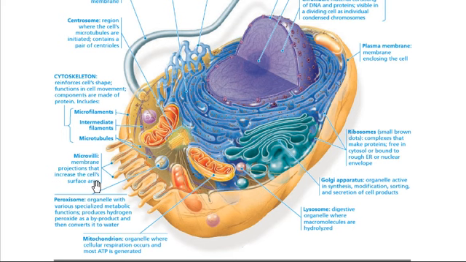Microvilli are membrane projections, and these increase the surface area for absorption. In the last slides, you saw the structures in the intestinal cells. They are projected outward, and because of that, the surface area available for absorption is increased.